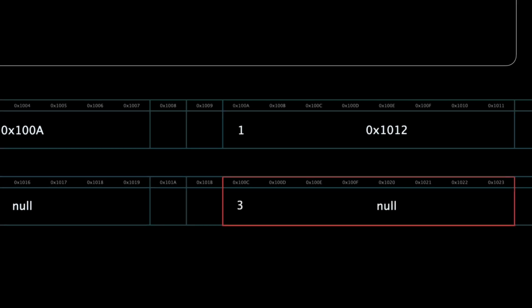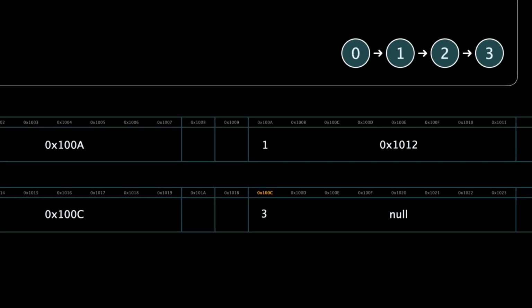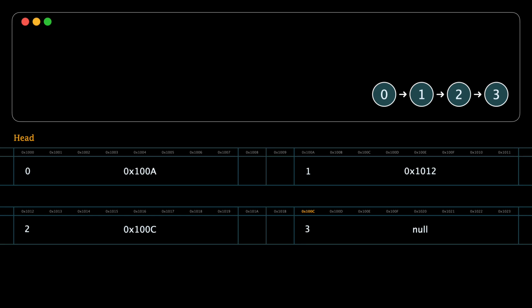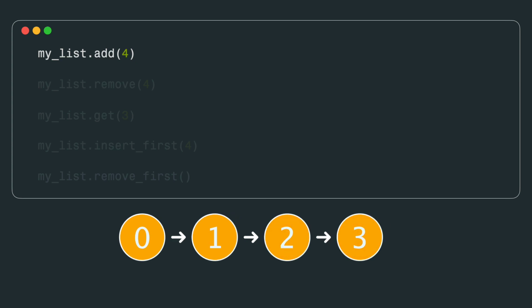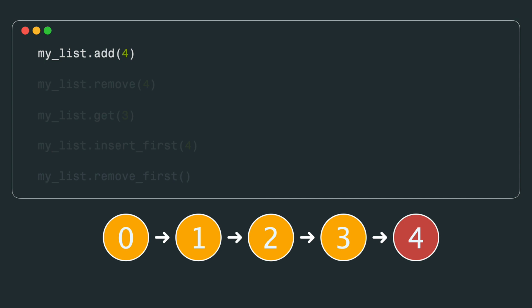Only then can we store the new node in memory and link it to the previous node. As you can see, adding new nodes to the end of a linked list can become increasingly inefficient as the list grows larger and larger. It follows that the linked list is very weak at adding data from its tail.